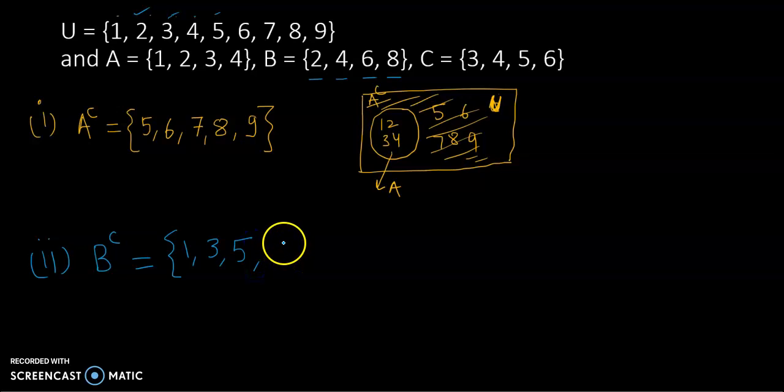In the same way, you can see 7 and 9 are also not part of B, and they become part of B complement.